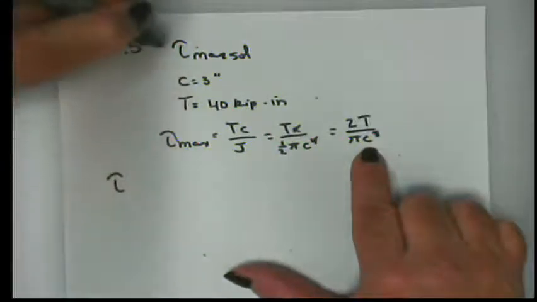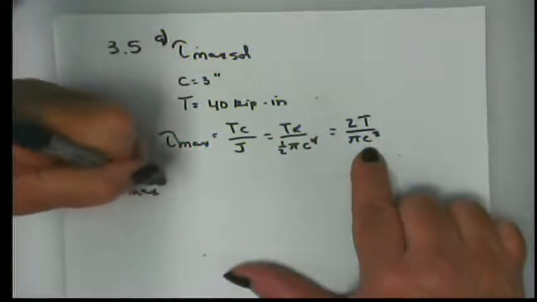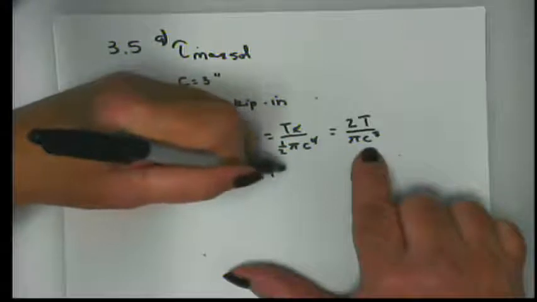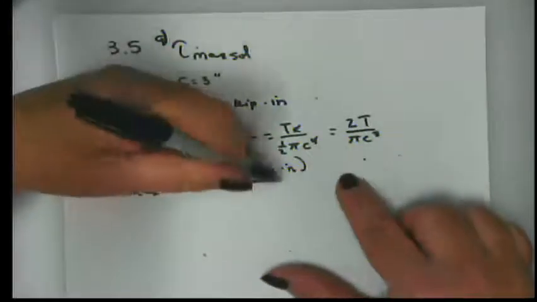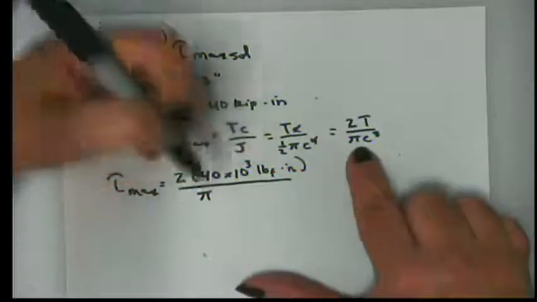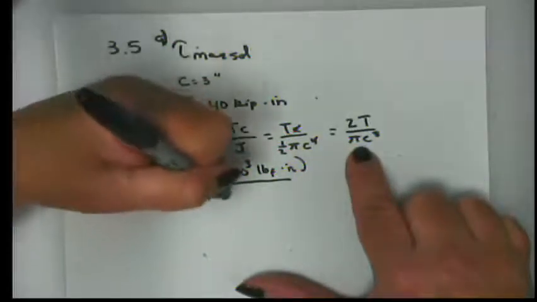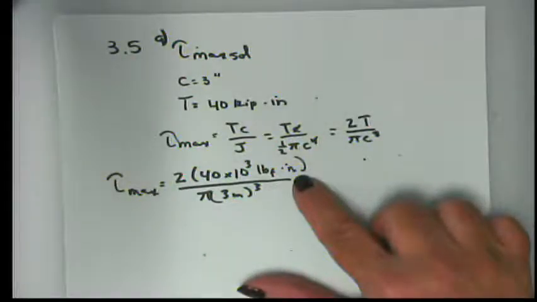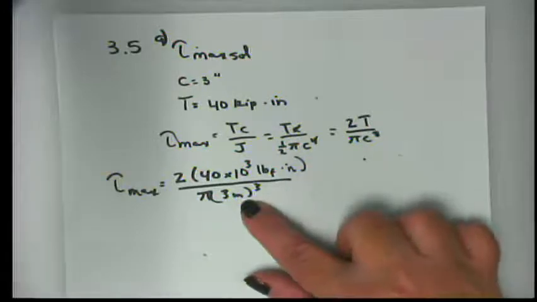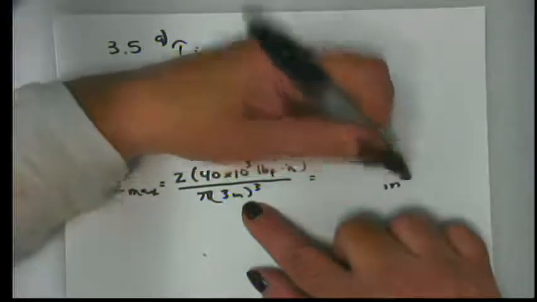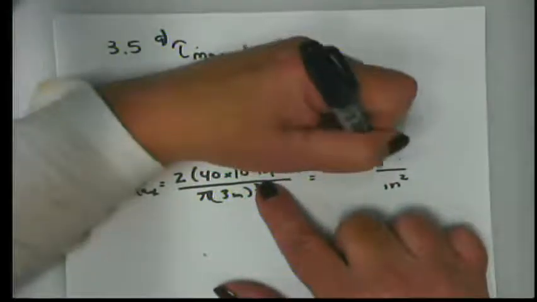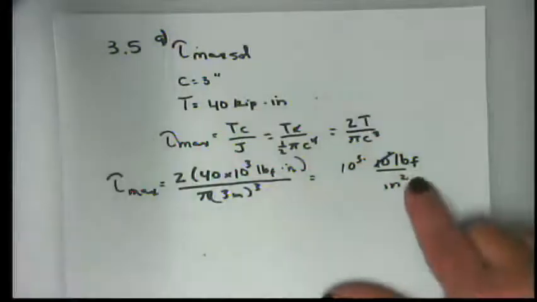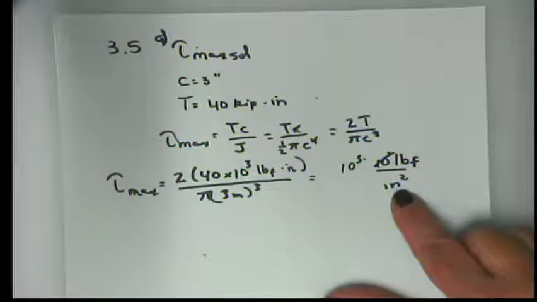So on part A, my tau max is 2 times 40 kilopound, which is 10 to the 3rd pound force inches, divided by pi times C, 3 inches raised to the 3rd power. The first thing you can see here is this inch will cancel against these inches to the 3rd to yield inches squared in the bottom. And on the top, we have 10 to the 3rd pounds of force. So my base unit is pounds force per inch squared, which is PSI.